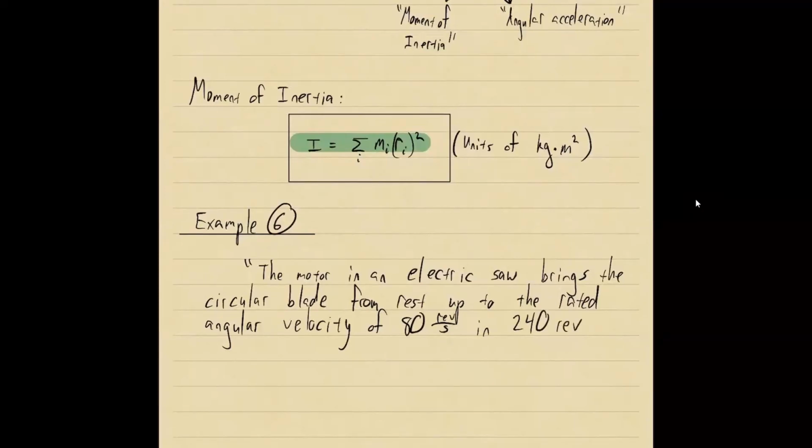Right, so after this thing has rotated 240 times, this thing will then spin at 80 revolutions per second.